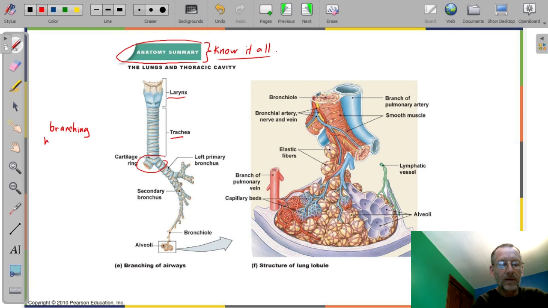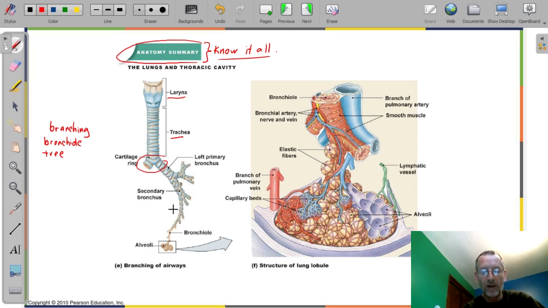It's upside down. So the trunk is up in the air, and then the small branches and basically the leaves that are analogous to the alveoli are upside down. But the idea is the same.